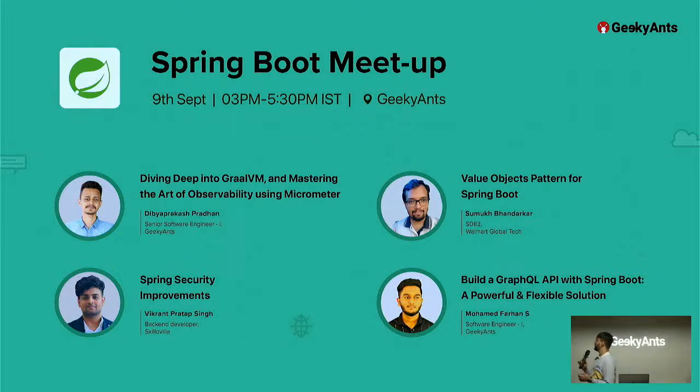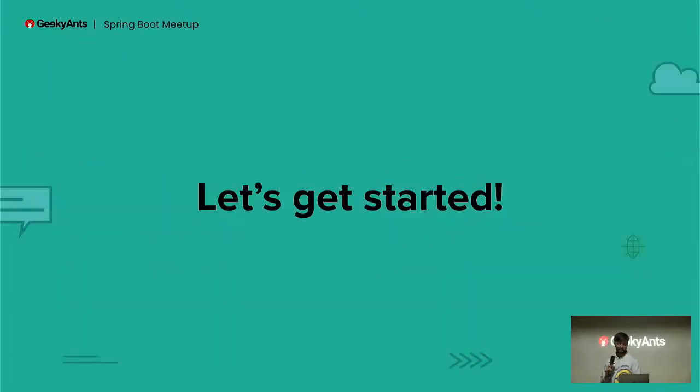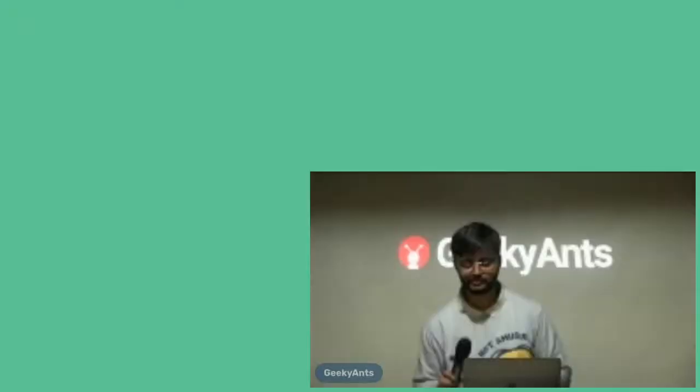So Dibyaprakash will be talking about that. Then we have value objects that Sumukh will be talking about, and we have Spring Security, which Vikrant will be talking about, and we'll be talking about GraphQL as well, right? So yeah, without further ado, let's get started. Right? Thank you.